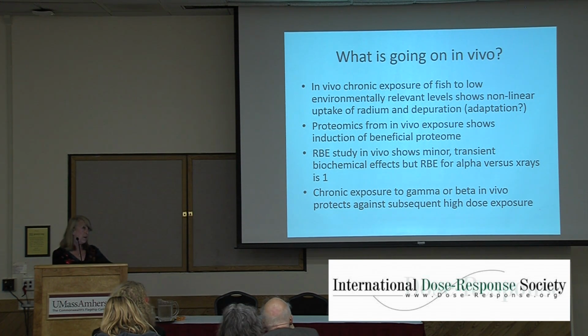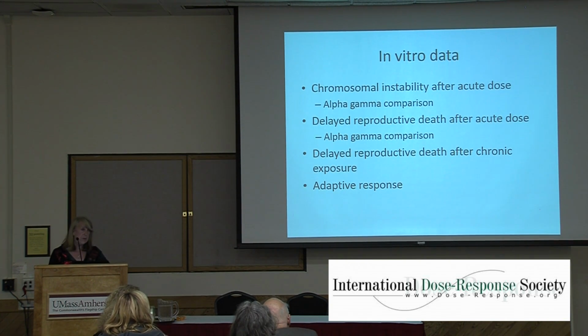So it's really environmentally relevant. We also found that chronic exposure to gamma or beta in vivo protects against subsequent high dose exposure. So that's kind of all what we've been hearing here, these adaptive hormetic responses.